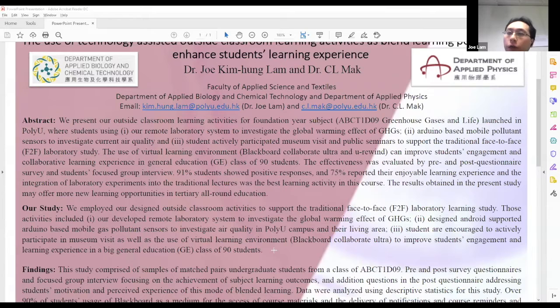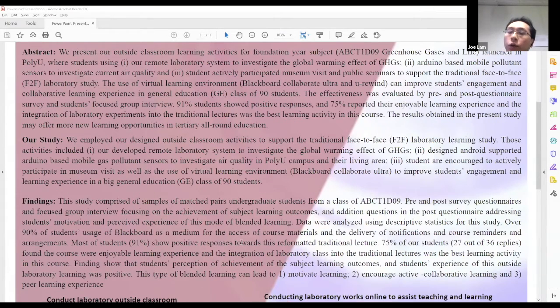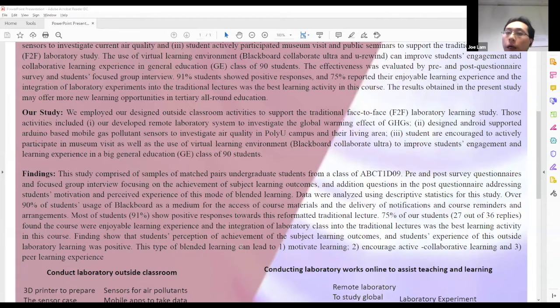In this subject, we are trying to help students understand some scientific content using the remote lab. We also try to make use of mobile sensors, so students can walk around using the mobile sensor to measure air pollutants over the PolyU campus.